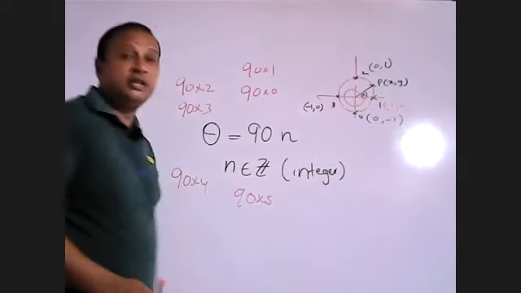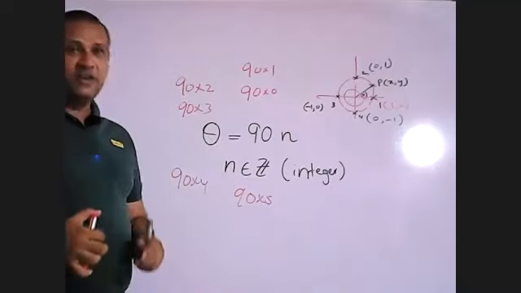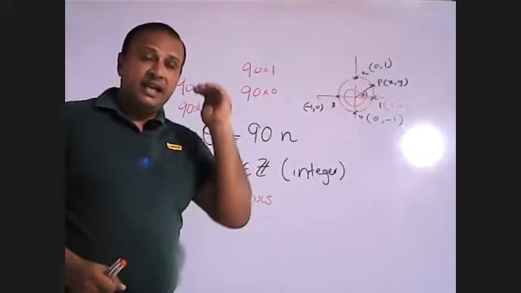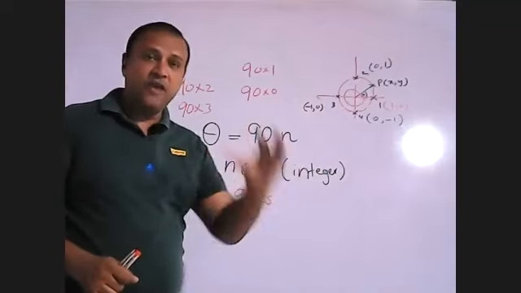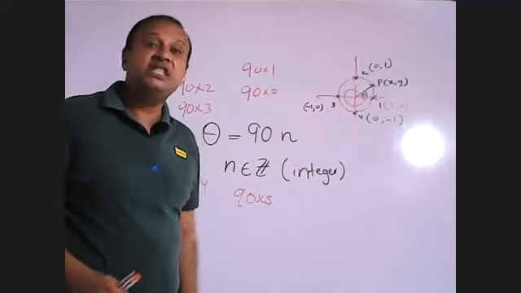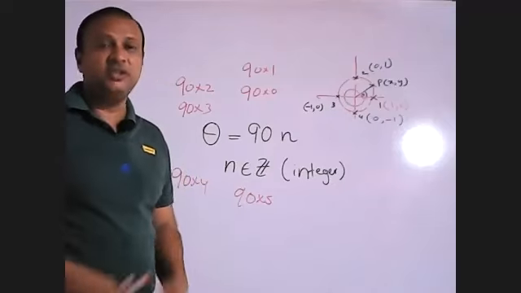So 450 is related to point 2. Likewise, we can determine the trigonometric ratios of any angles which are equal to 90 times n, where n is an integer.